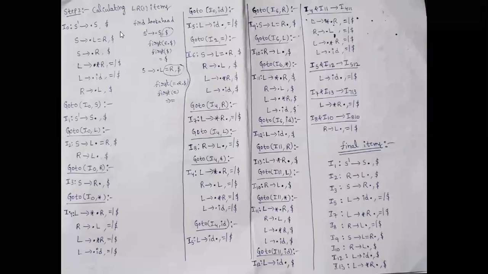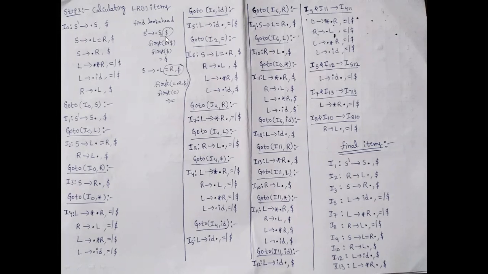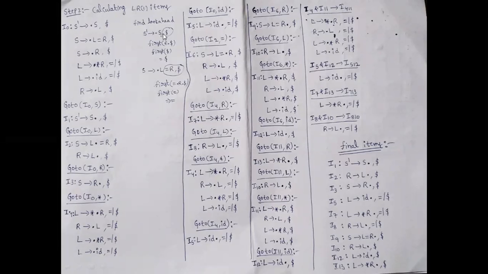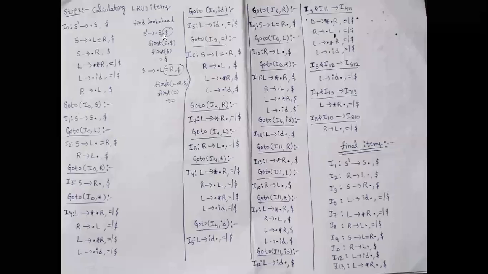We are considering this production: S' produces dot S, comma dollar. Then we have to find the first of what comes after. After the dot we have S, then we add the productions of capital S, and after S there is no non-terminal or terminal.